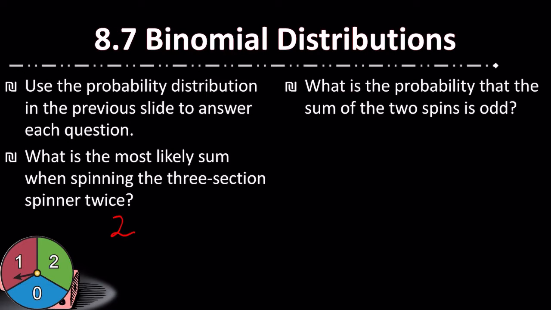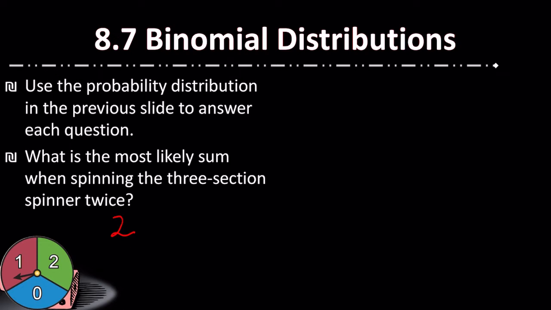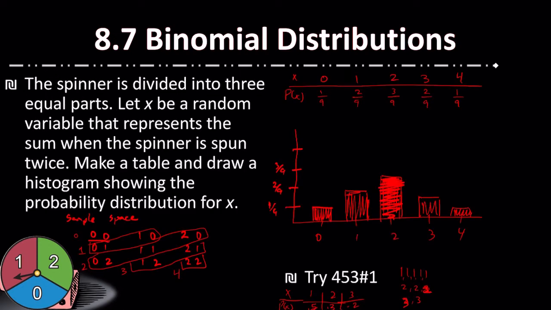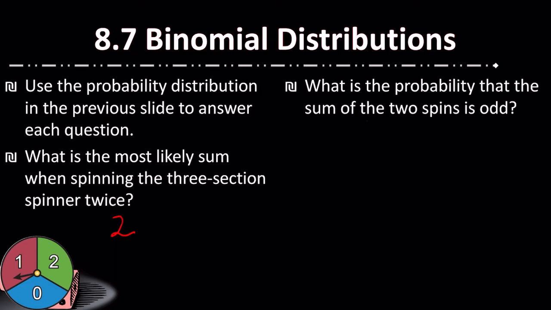What's the probability that the sum of the 2 spins is odd? Let's go back and look. The sum is odd, that would be the 1 or the 3. So that's a total of 4 options out of the 9. So it'd be 4 out of 9, or 0.444.